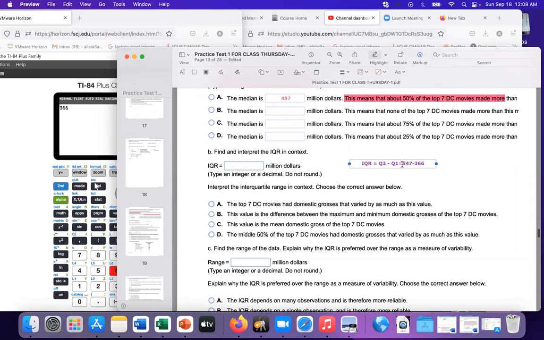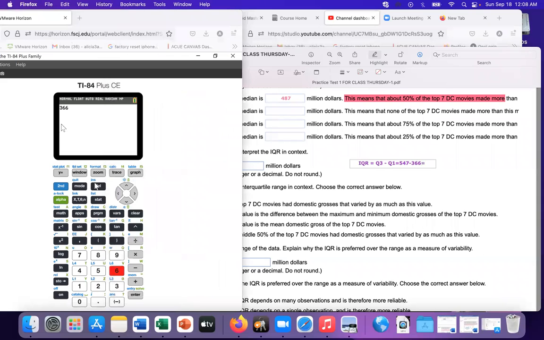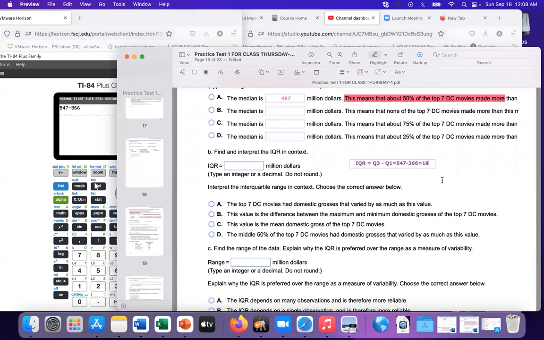I tried to save the calculator ones for the last. It is late and I am making silly mistakes. So 547 minus 366 will give me 181. So my interquartile range is $181 million. So that should be 181.